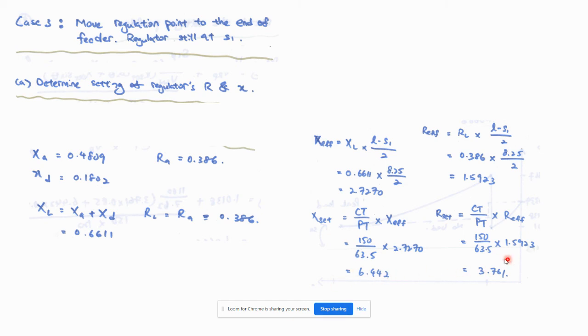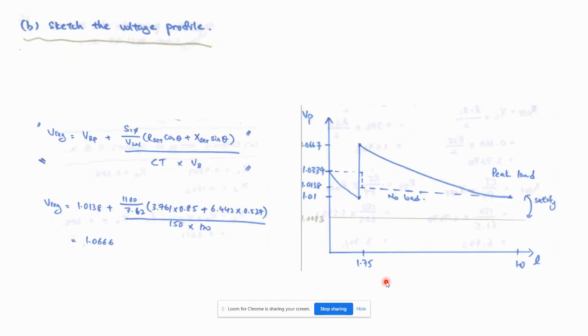These two values are the X setting and the R setting that the LDC needs to perform, in order to get the regulation that we want down at the end of the feeder, which is 8.25 meter later. Okay, so this is the X and R setting that we need. We're going to see how we are going to use this later on. So this equation will be involved, right?